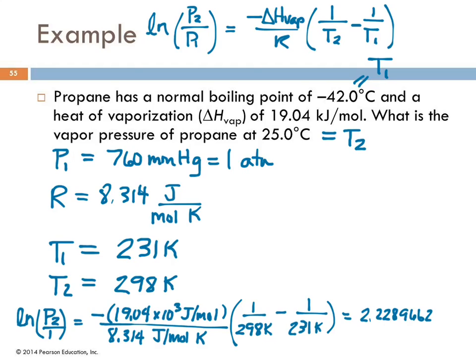The sig figs get really kind of messy here. So P2 is going to be 9.2903 atmospheres. And what is wrong with that?